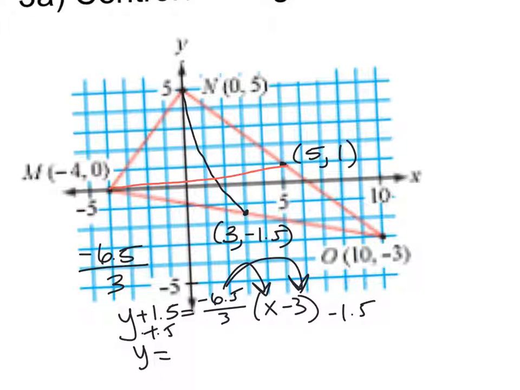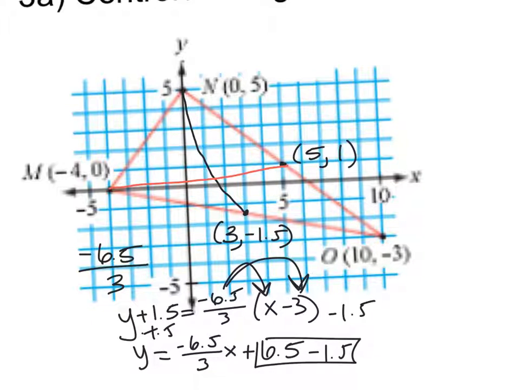So I get y equals -6.5 thirds x minus, and then -6.5 thirds times a -3 will be a positive 6.5. And then minus 1.5. This will clean up to be plus 5.